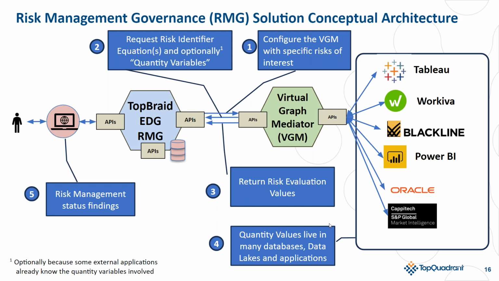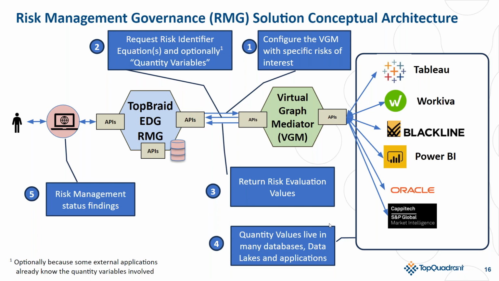And then what happens next is the return of risk evaluations. So the VGM will then say, all right, we have this equation, A divided by B, A plus B divided by C. Those are equations that are coming from different places within our database architecture that we need to create some calculation.